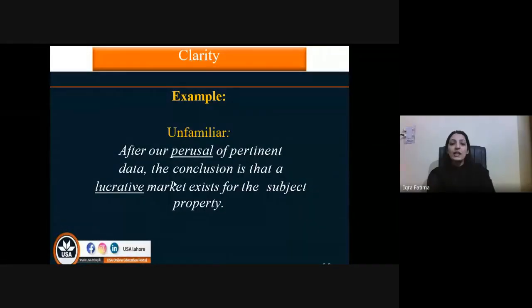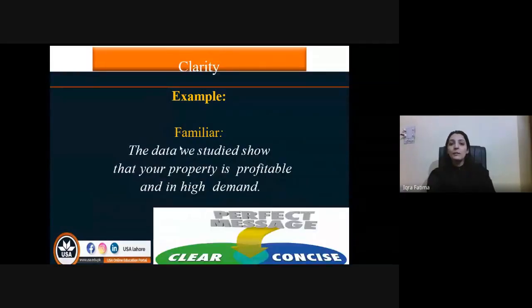So it will hinder your communication, your understanding, because you are unable to comprehend the whole message. So you can make it familiar by using simpler language, or by saying that the data we studied shows that your property is profitable and in high demand. Now it is understandable. Yes.